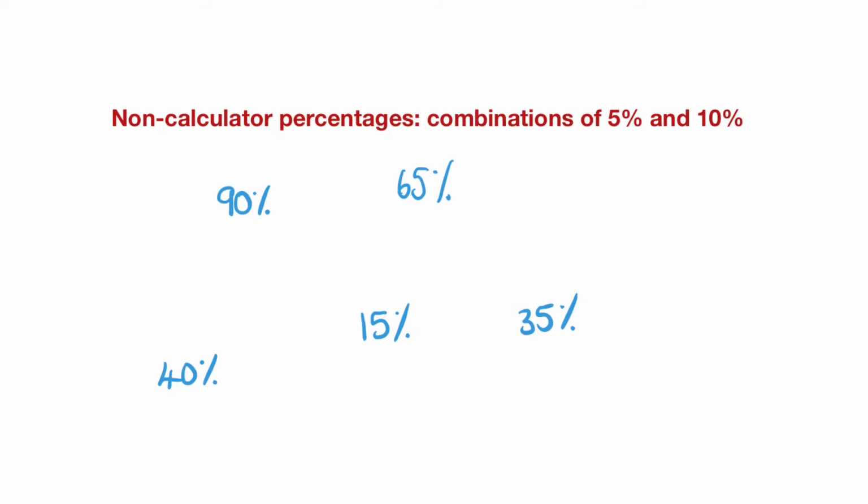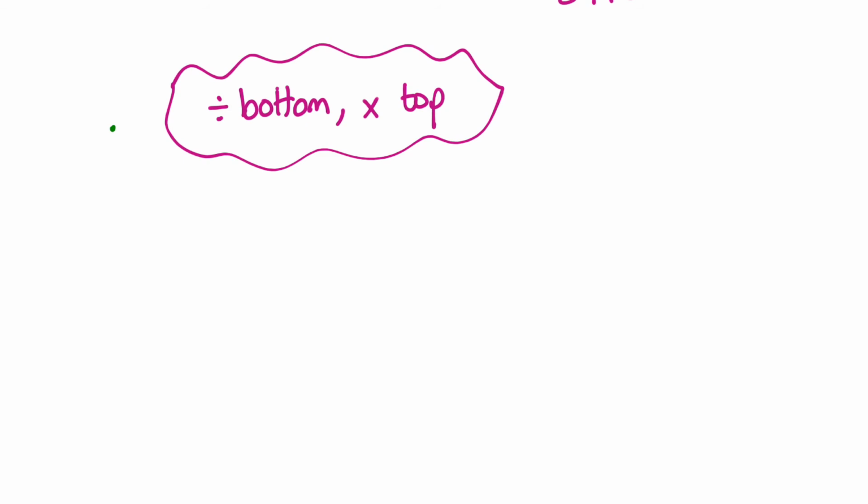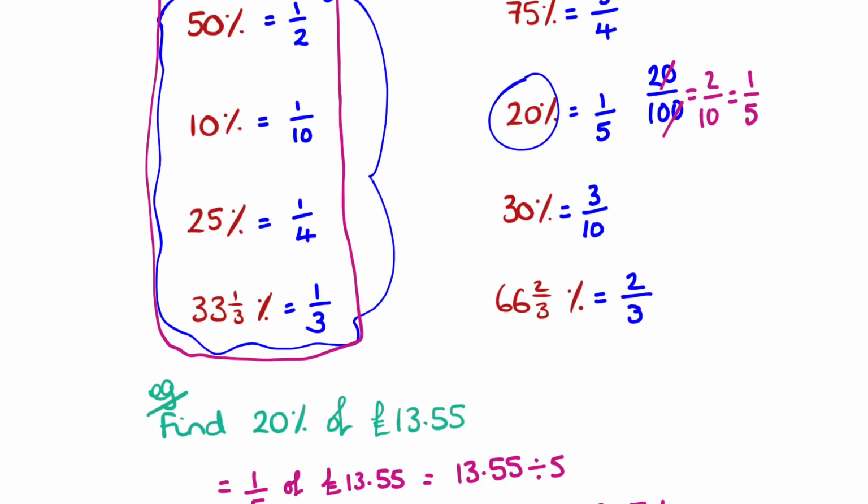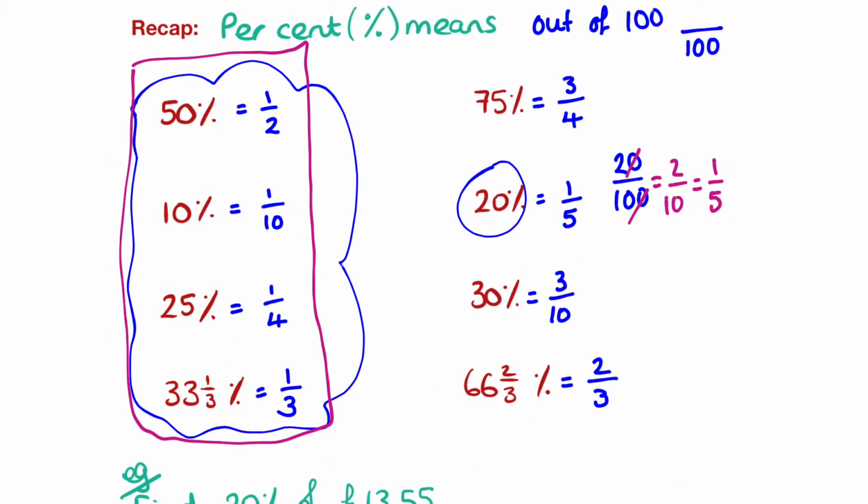Right, now I'd like us to think about non-calculator percentages. So we've done lots of practice today, but I want us to think now about combinations of 5% and 10%. So we need to go back to that question that I asked a few minutes ago of how might we find 5%? Now, if we look back at our common percentages and the fraction equivalents, which one of these would be the most help when we were looking for 5%?